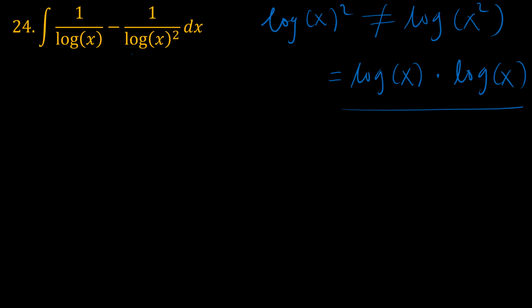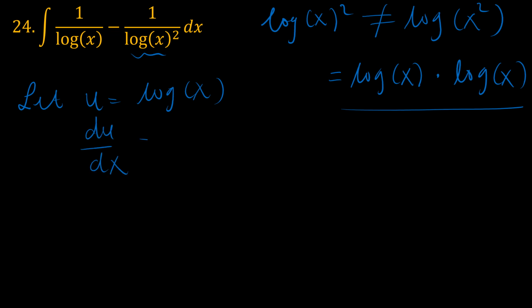So the quickest thing I would do is say let u be equal to the natural logarithm of x, such that du/dx is 1 over x, and so du is equal to dx over x.